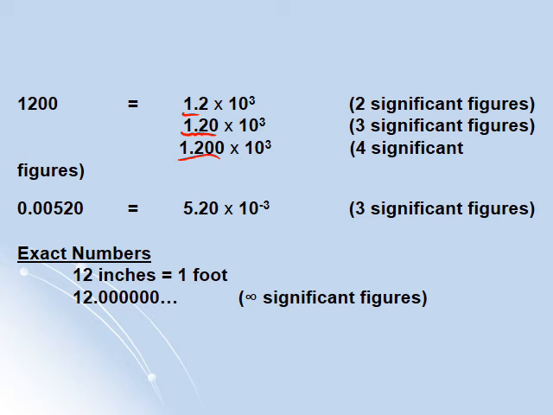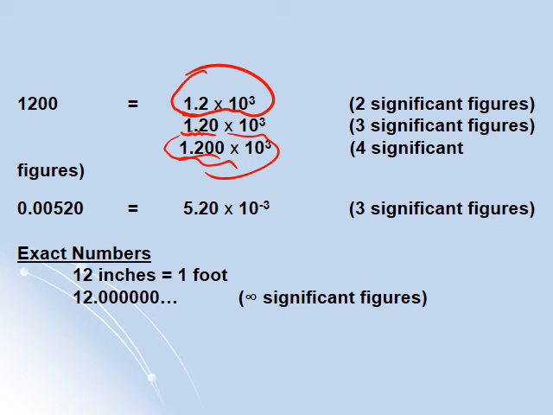It all depends upon how you came up with 1200. If your machine gives you 1.2 and your multiplicative factor for that machine is 1000 or 10 cubed, then you would have only 2 significant figures. On the other hand, your measuring device may give you 1.200 and then your multiplicative factor could be 1000 or 10 cubed, then you'd have 4 significant figures. So when the question is 1200, your answer would not be specific. It could be 2, 3, or 4 significant figures.